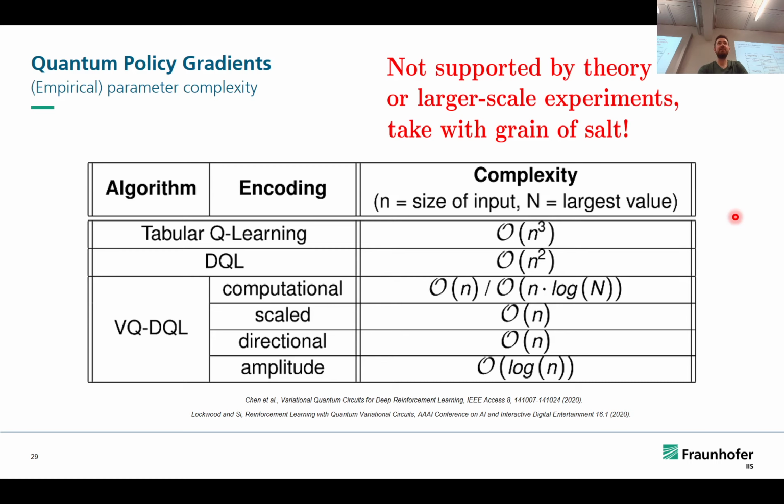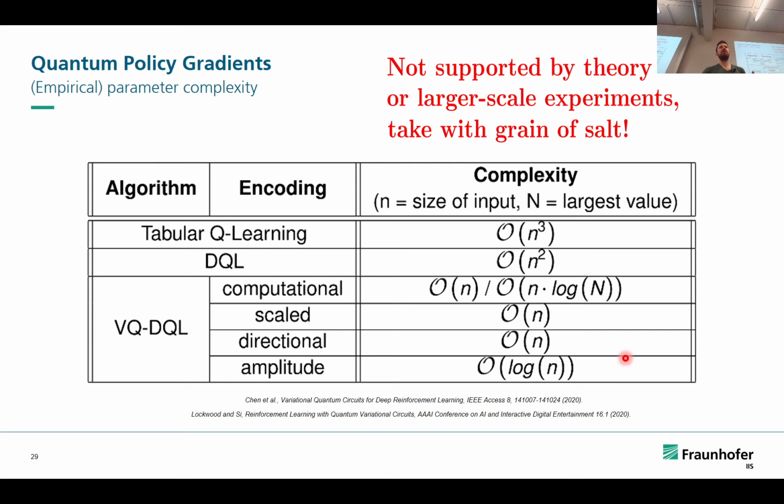And they claim that for a sophisticated state encoding routine, so for this amplitude encoding, you actually can get an exponential reduction in the number of parameters you need in your network, or a quadratic reduction if you use some other type of encoding. And I mean, that's, I would say, the big hope, that you can really get this exponential reduction.